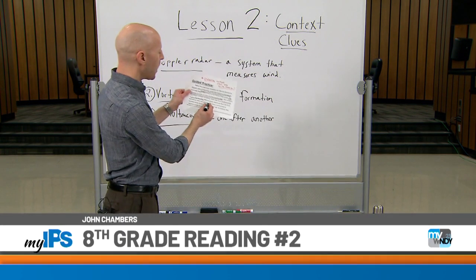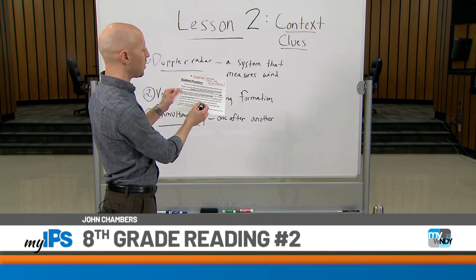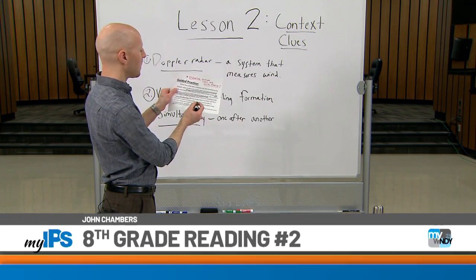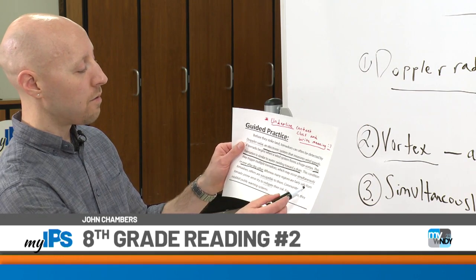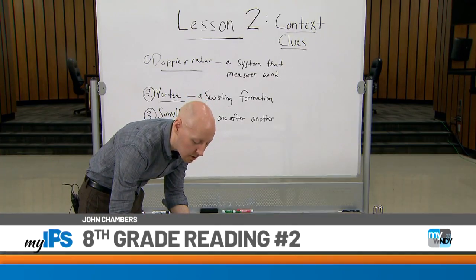All right. Whereas many regions are fairly safe from tornadoes, others are susceptible to them. Okay, so that is a comparison, or actually it's a contrast, where it's saying whereas many regions are fairly safe, others are susceptible. So I'm going to underline "whereas many regions are fairly safe from tornadoes."